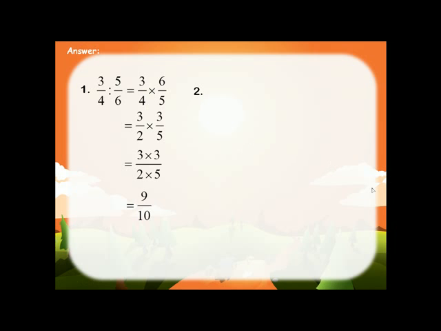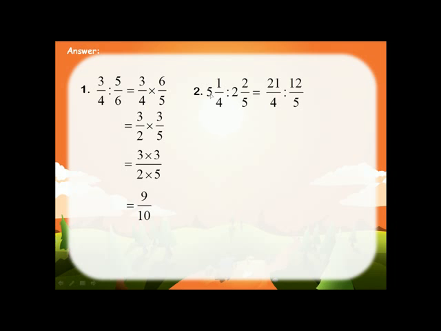For the second problem, we have division of mixed fractions. Because we will use the multiplication properties, we must transform these into simple fractions. At first we have 5 1/4.